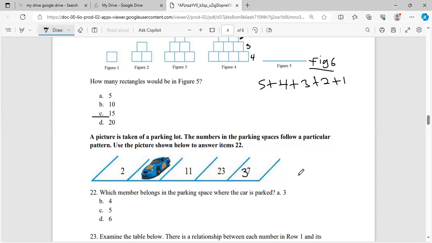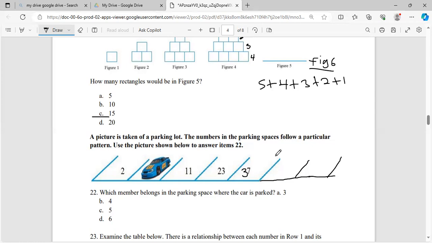I think this should have been 37, not 23. Which number would go here, guys, where the car is?